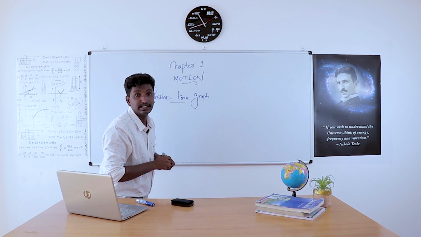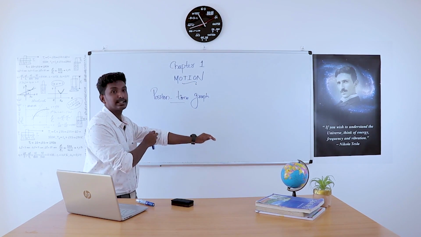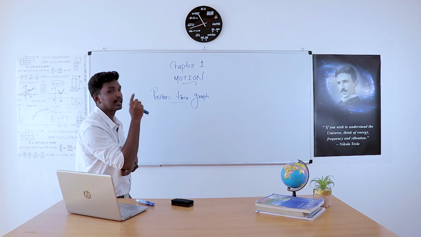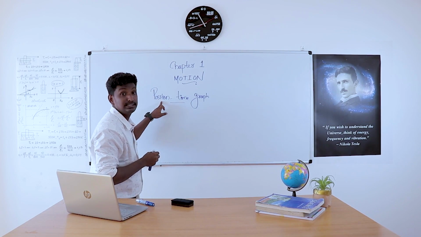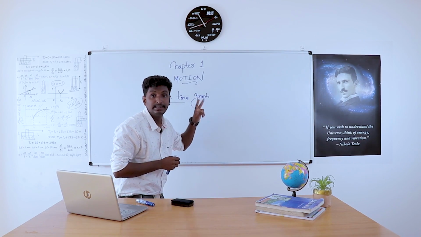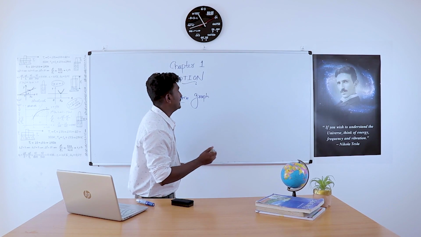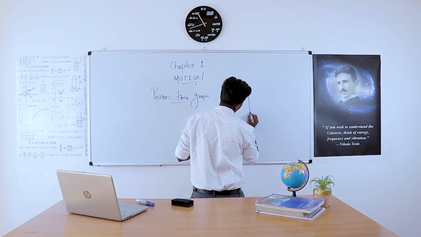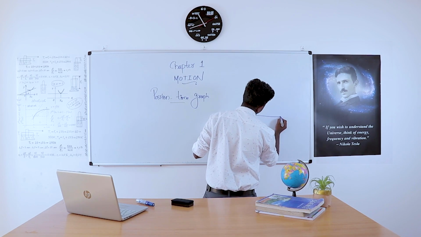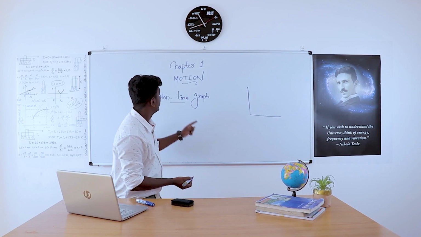From the name itself, it is clear what terms we are representing in the graph. We have two terms, position and time. These two terms are represented in the graph. Basically, you all know the character of a graph. We have two axes. Actually, we have three axes, x, y, and z.